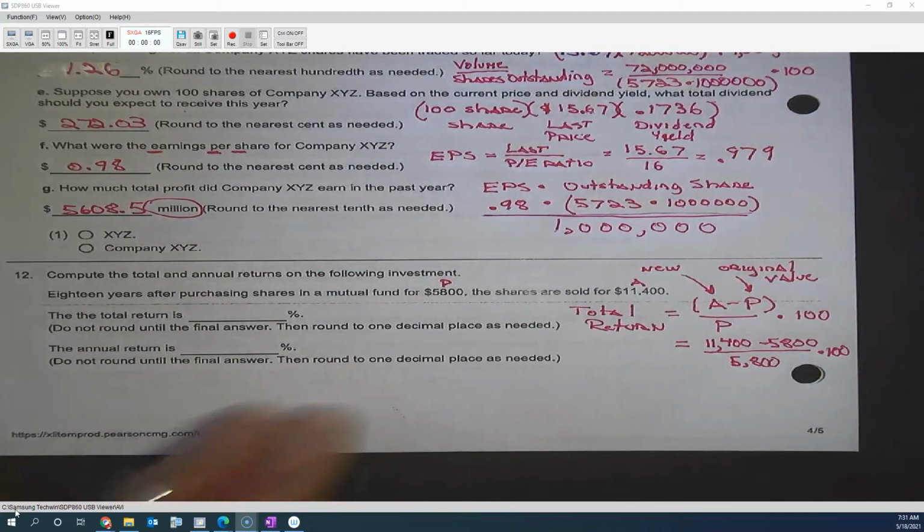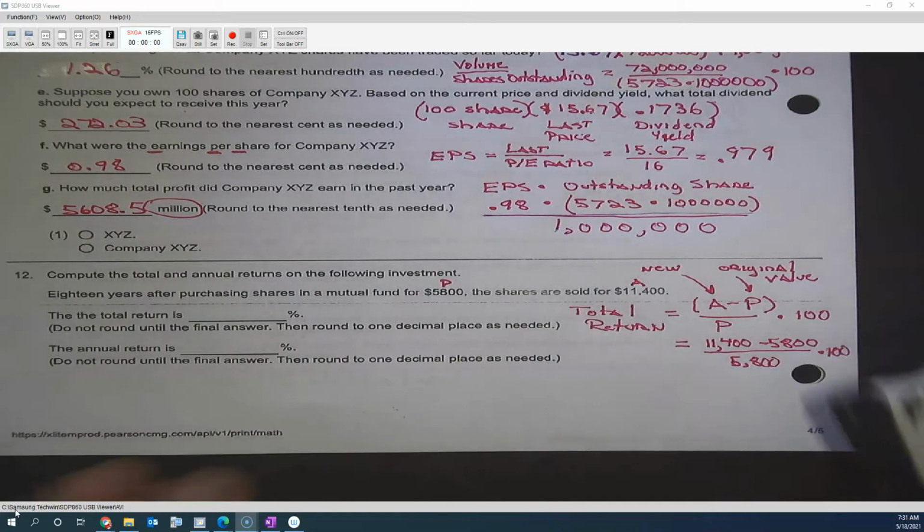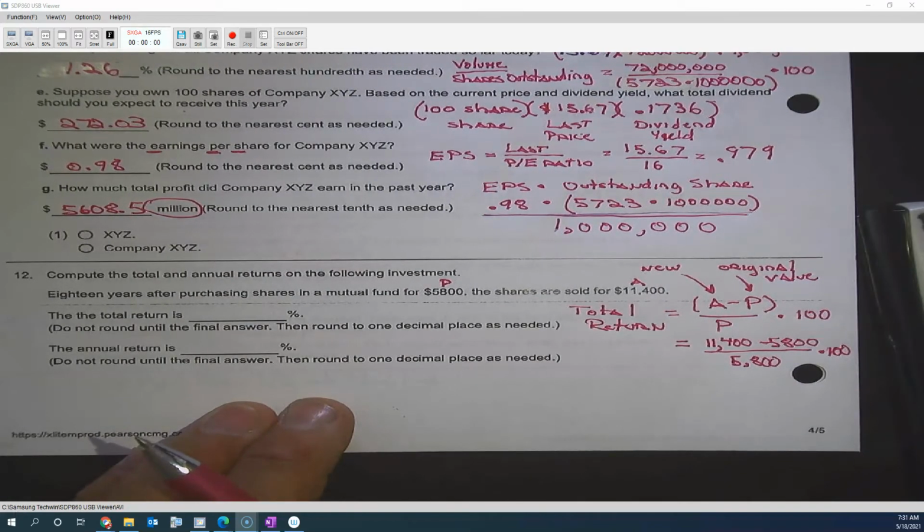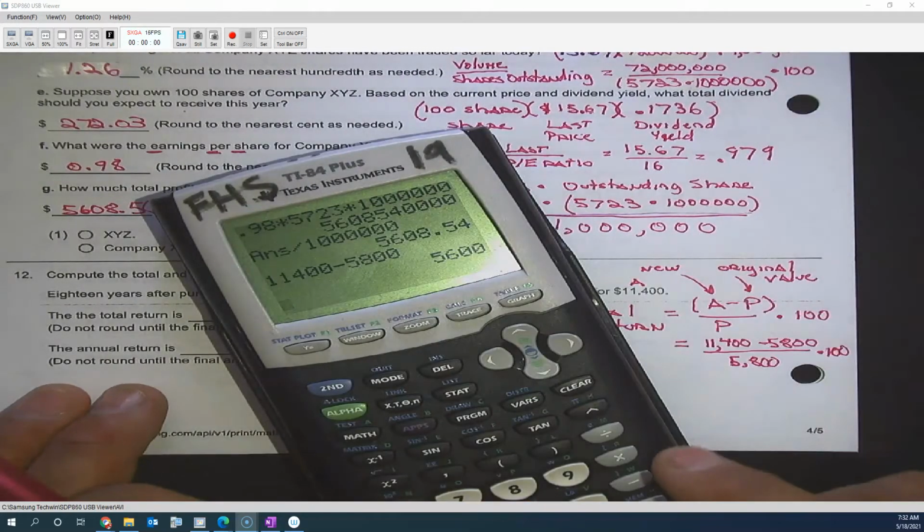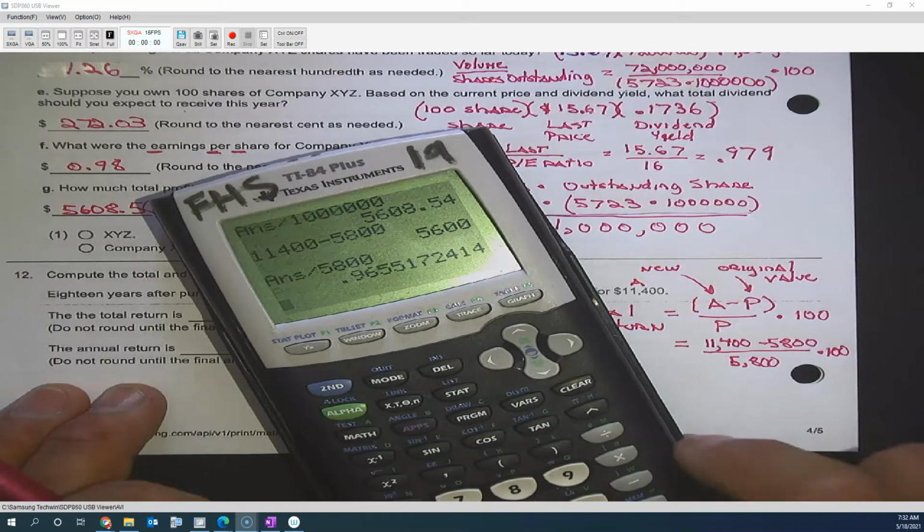Okay, so we do that. 11,400 minus 5,800. Okay, divided by 5,800. Okay, times 100.